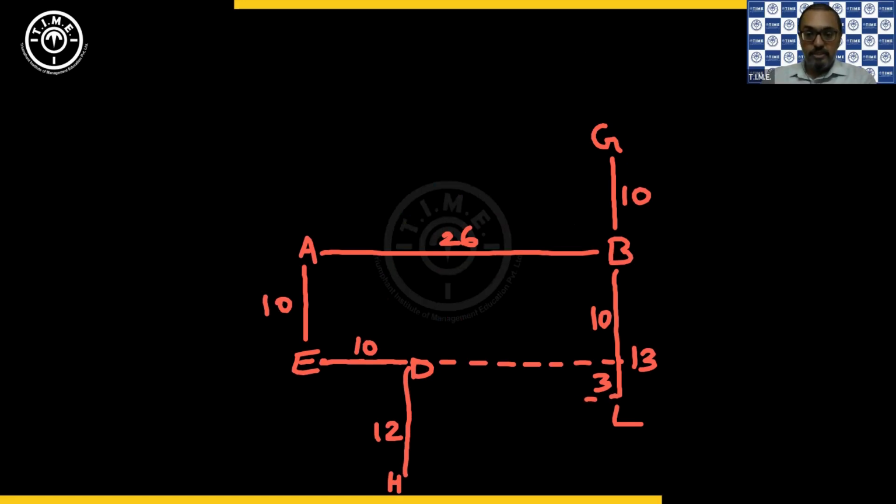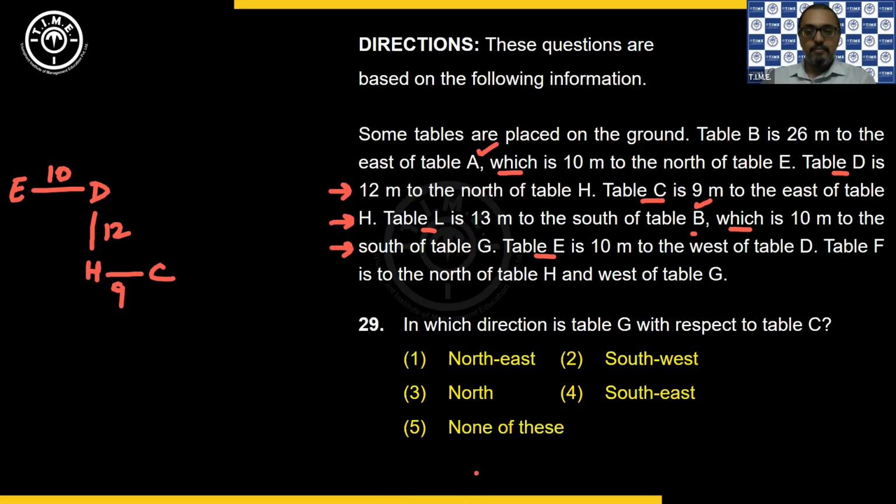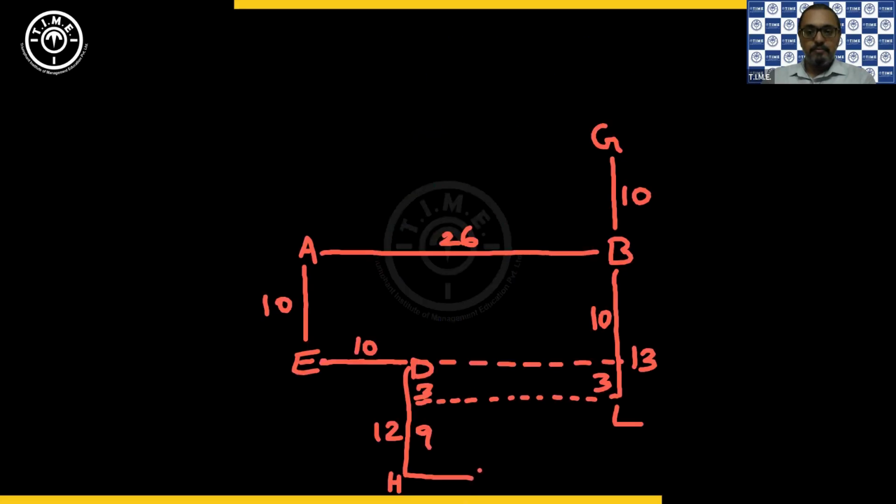Now, in that 12 meters, again, you need to be careful. You already have 3 here. So, the balance is 9. Correct? And then you have C, 9 meters. Okay. So we need to be careful while looking into the distances.